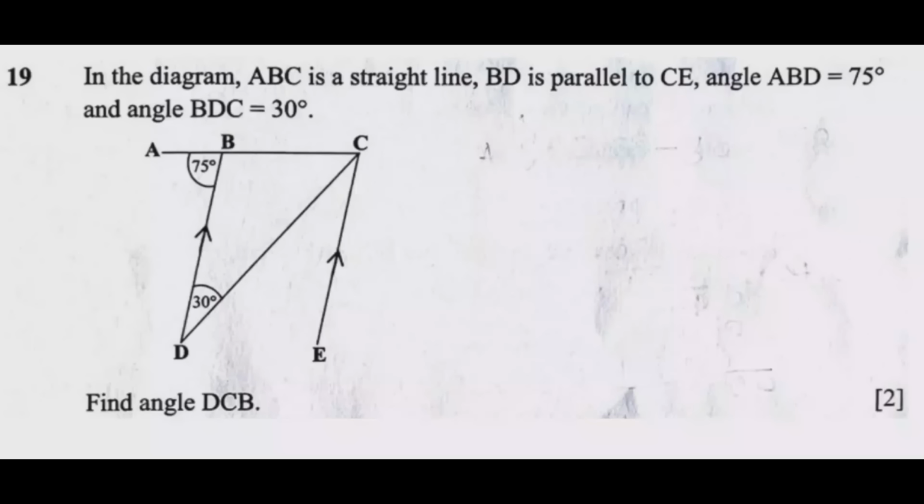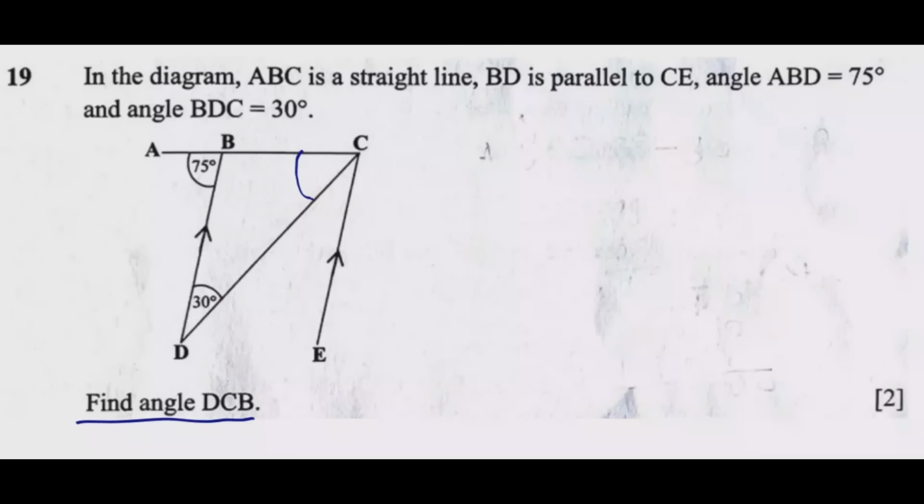So all we need to do is study the diagram. Once you have studied the diagram, then we can go to the actual question, which is down here. Find the angle DCB. So which angle is DCB? This is the angle DCB. So for us to find the angle DCB, we can use two properties.